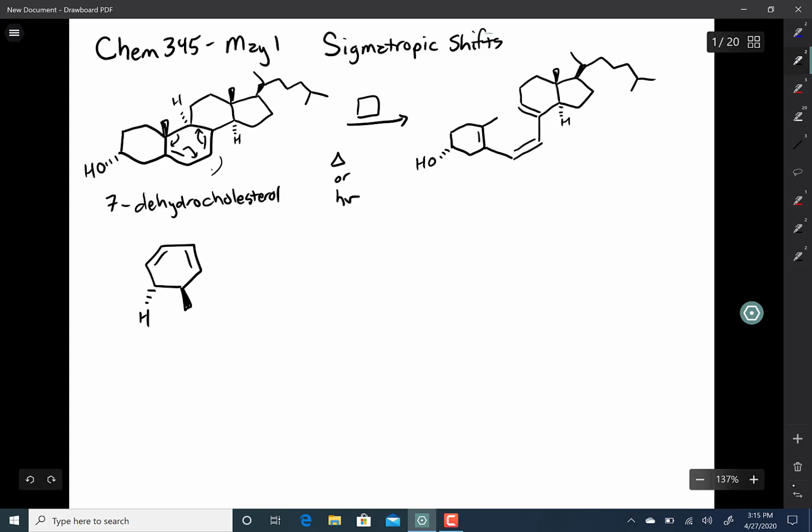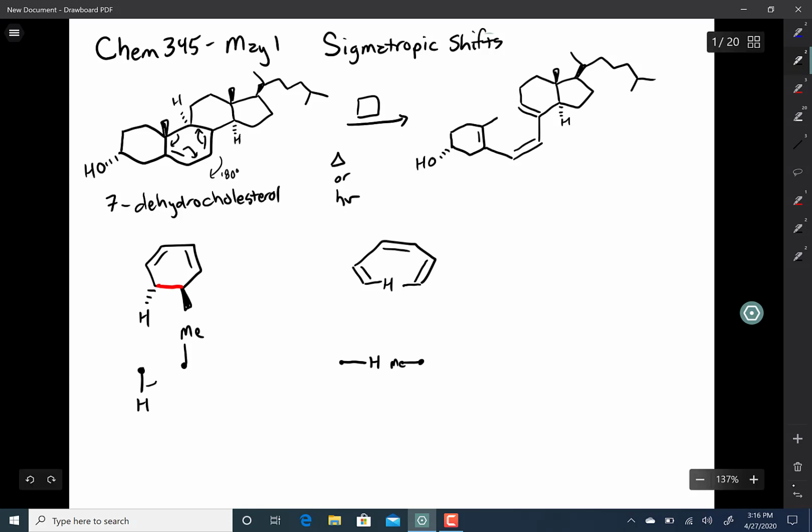Essentially all I did was I rotated this 180, well, not quite 180 degrees, but a little bit more than that, because I like having the bond that we're opening towards the bottom of the page. That's opening to give this structure, with the methyl group and the hydrogen both going inwards. So the hydrogen starting out down, the methyl group is starting out up. Hydrogen's going to the right, the methyl group ends up going to the left.